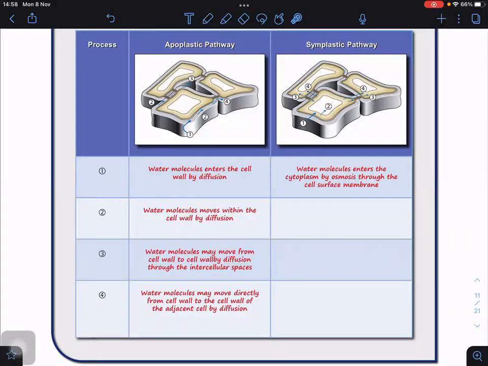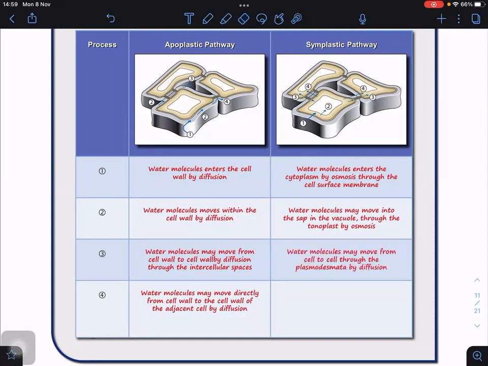And number 2, entering into the vacuolar pathway, so across the tonoplast, so therefore osmosis again. Water molecule may move into the sap in the vacuole through the tonoplast by osmosis. Number 3, across the plasmodesmata, no involvement of the membranes, so therefore the process is by diffusion.